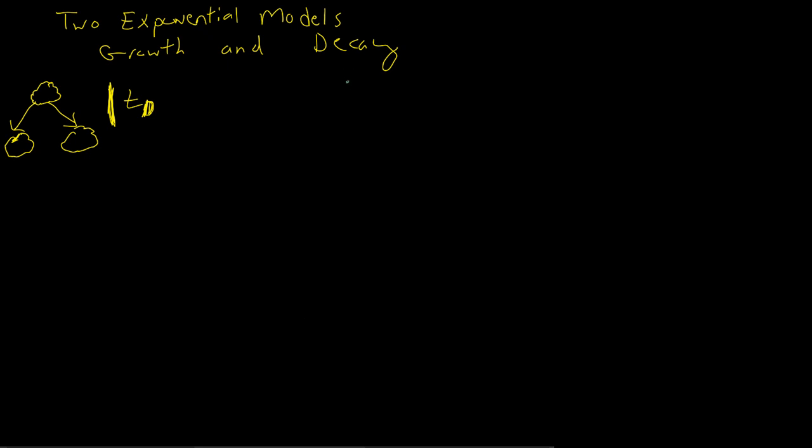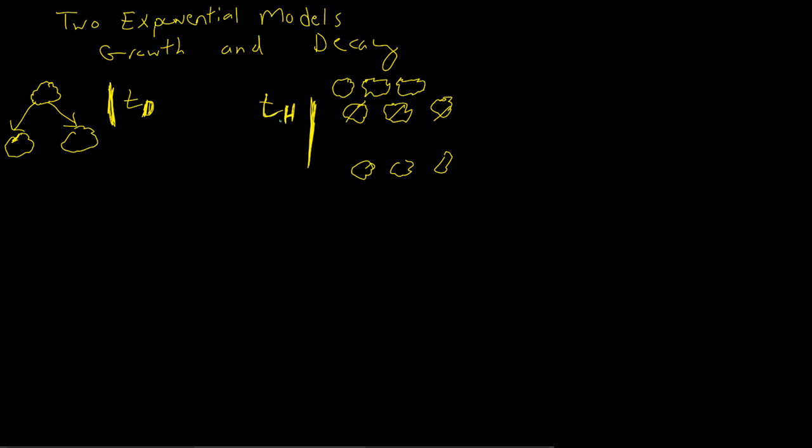Now the other thing that can happen is I could have a radioactive substance or something that is decaying. And so these will break down into lesser components, so they'll leave the group. And so we'll say when they break down, I'll just put X's on them, and that'll leave me with 3 things. And so there's some time where I get half, and we call that the half-life. And these models are very similar.